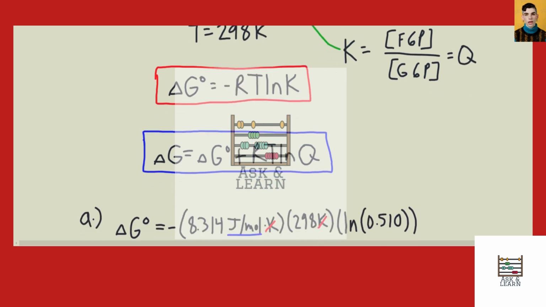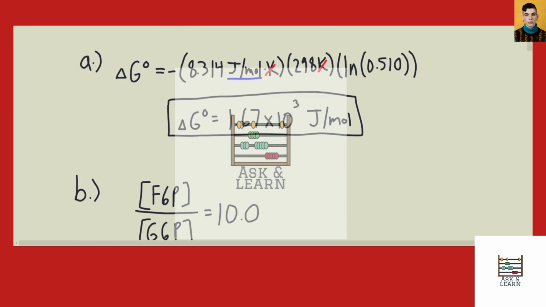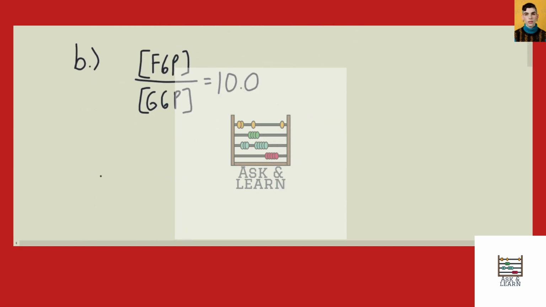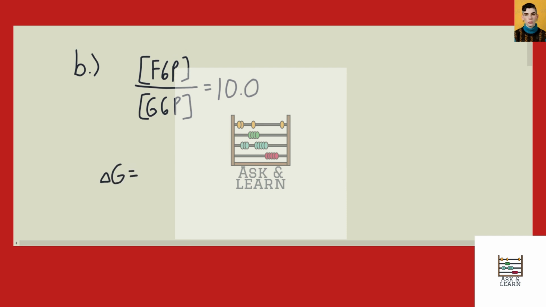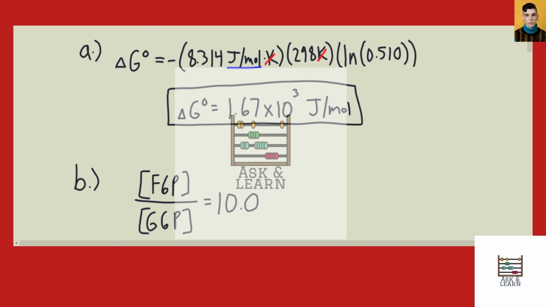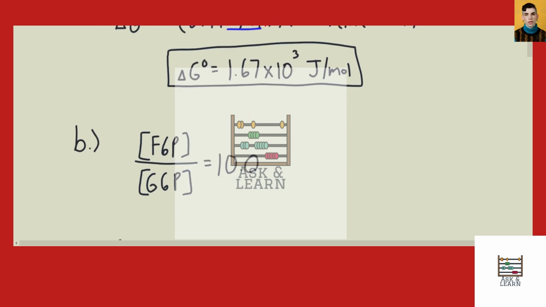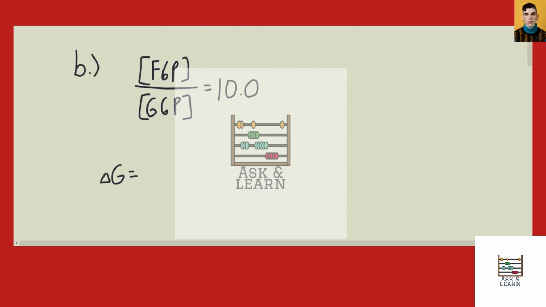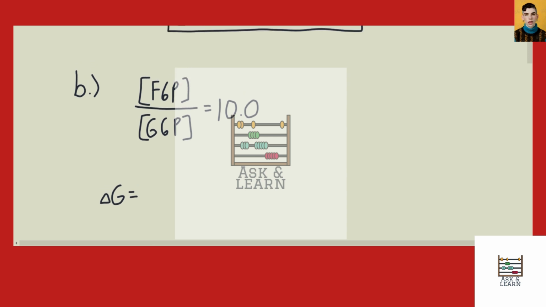And we need to find delta G at non-standard conditions in part B, and we are given Q. So we need to use that equation this time. So delta G equals delta G at standard conditions, which is what we just solved for in part A, because this symbol denotes standard conditions, but now we have moved to non-standard conditions since we have a value that deviates from the true value of the equilibrium constant.